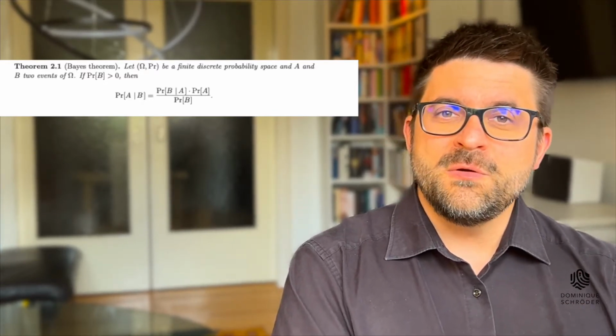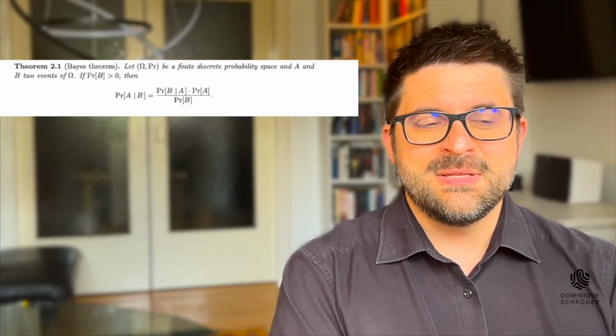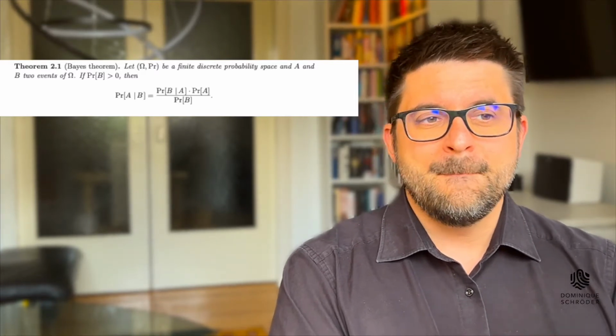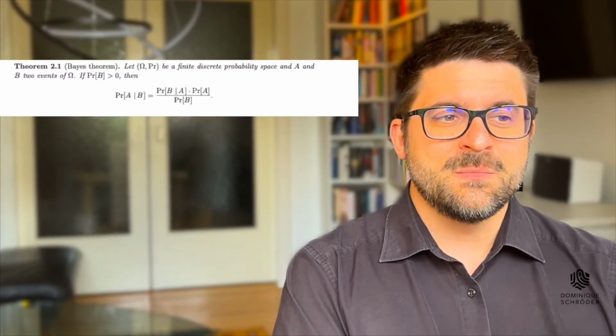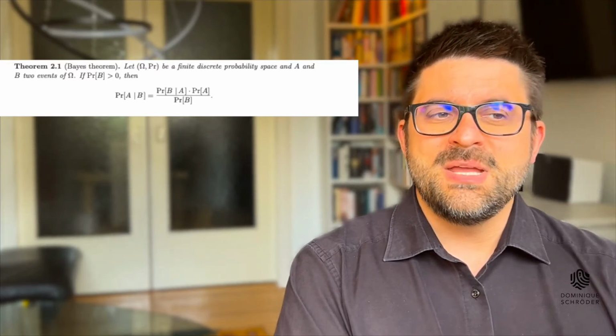Then we can compute the conditional probability that A happens given that B happened as follows. First, we compute the probability of B given A times the probability that A happens, over the probability that B actually happened. Now you might want to stop the video for a second and think about why this theorem holds.